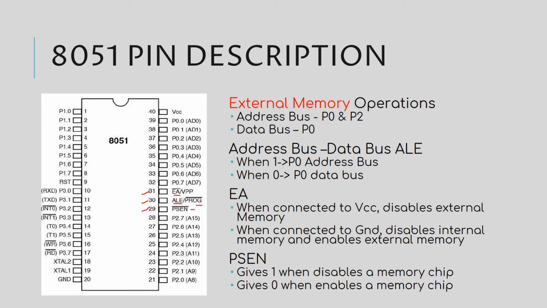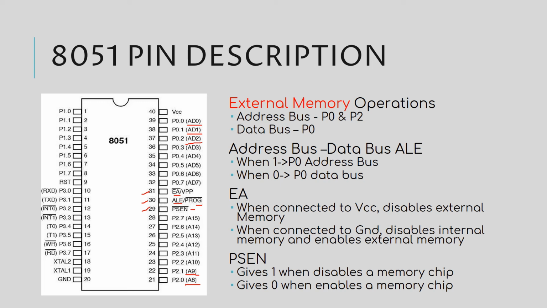Look at port 2 and port 0. P2 is also marked with A8, A9 and so on. And P0 is marked as AD0, AD1 and so on. That means P2 can also work as address bus to send addresses to external memory for reading and writing operations.